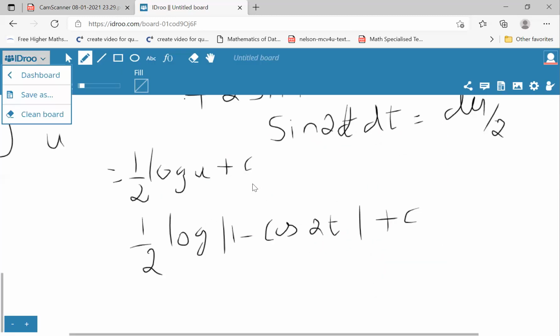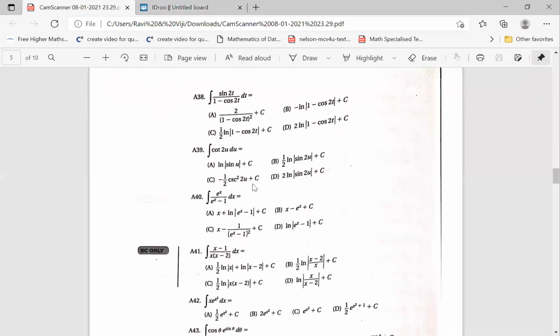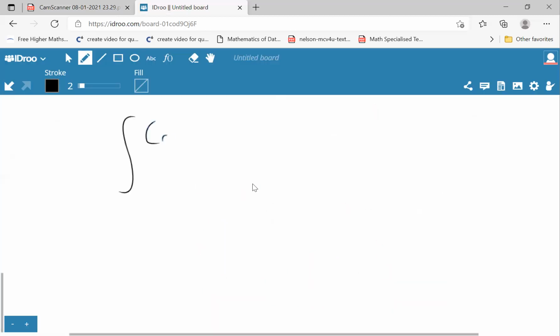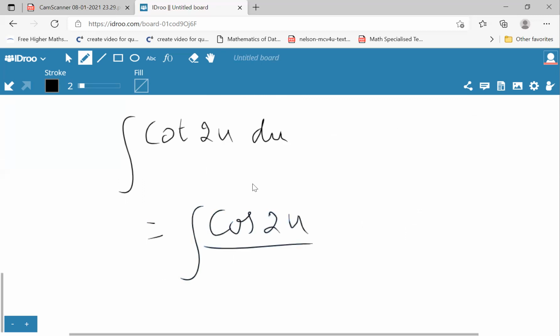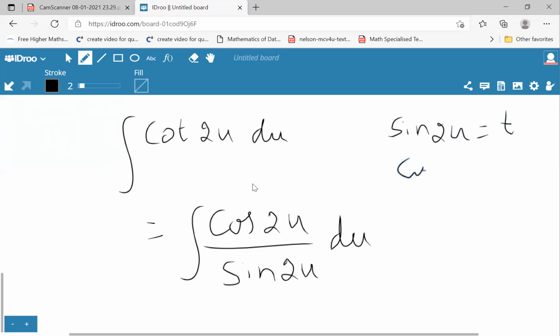Now coming to the 39th problem, integration of cot 2u du. I'll rewrite this as integration of cos 2u by sine 2u du. Now let me take sine 2u as t. When I differentiate, I'll get 2 cos 2u du is equal to dt, or cos 2u du is equal to dt by 2.